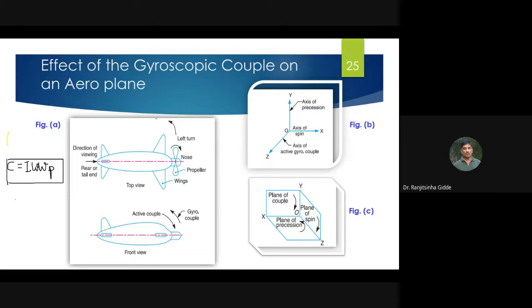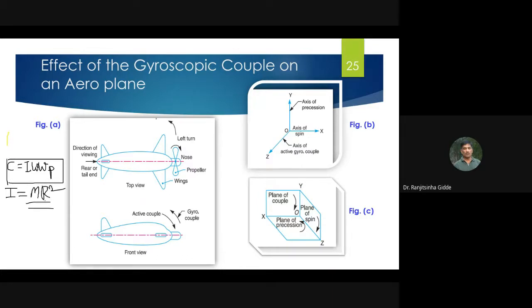Next line you can write where, write first, where I is equal to mass moment of inertia of the engine and propeller in kg meter square, is equal to mk square.